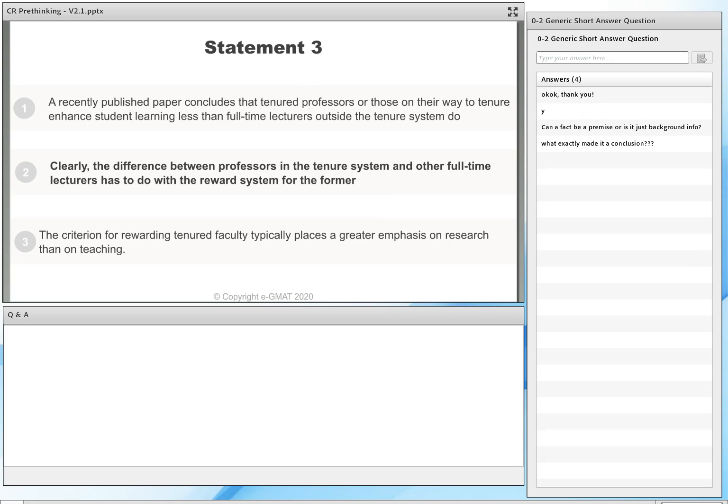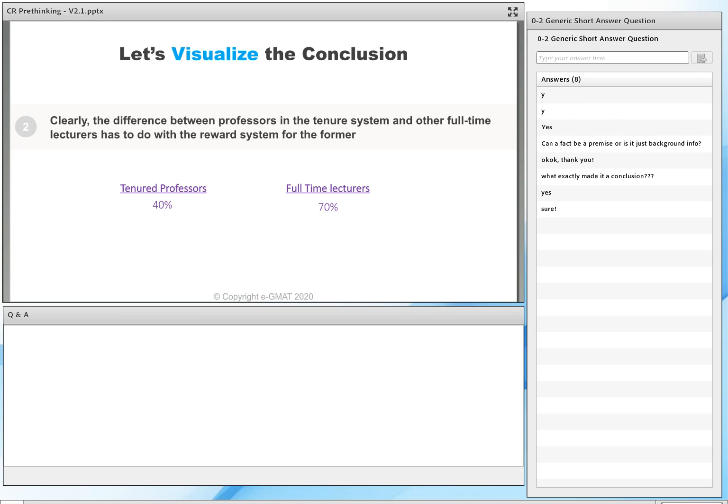Good. Okay, so let's look at the argument structure, or actually let's first look at the conclusion. Let's visualize this conclusion over here. The conclusion says the difference between the professors in the tenured system and the full-time lecturers has to do with the reward system for the former.